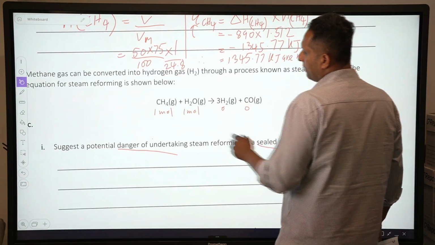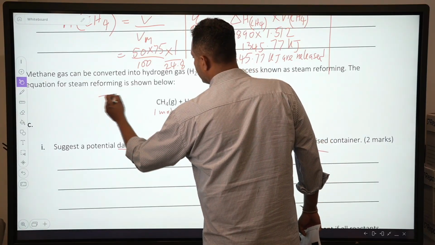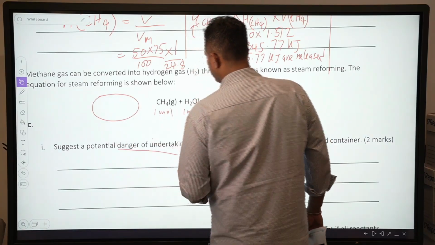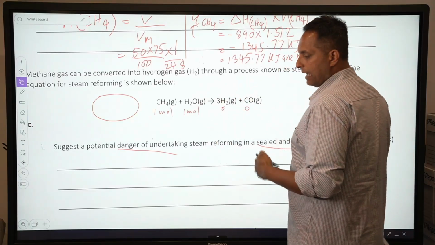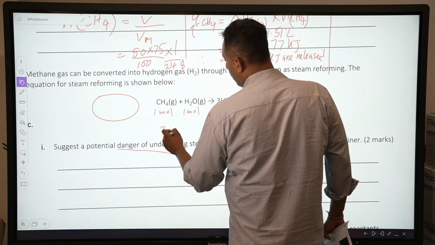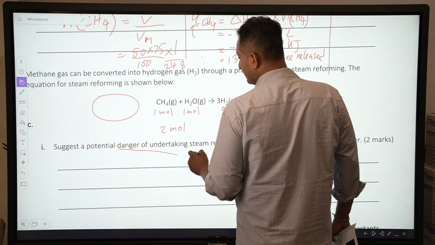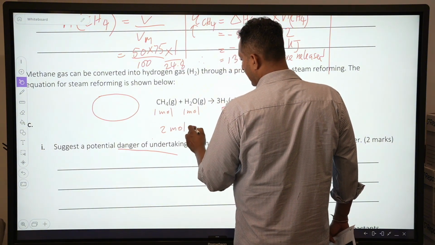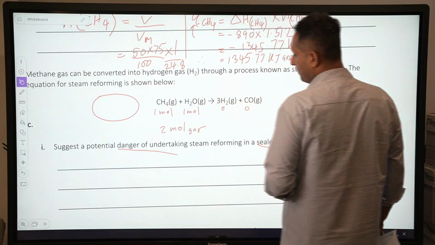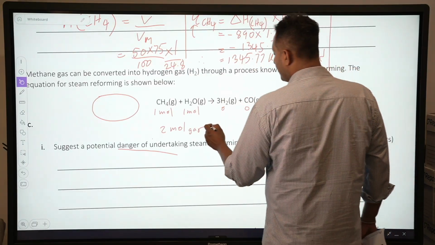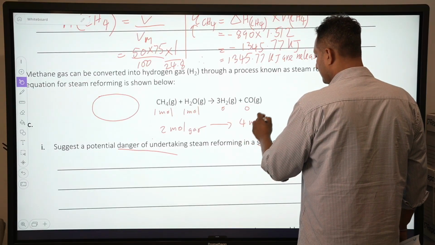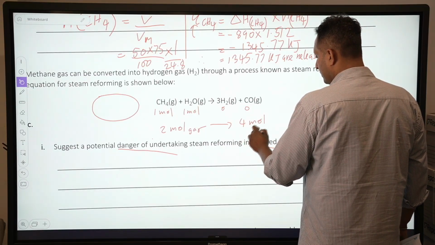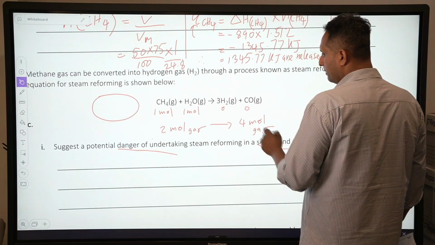Now look what happens. You are doing this reaction in a sealed container. According to this reaction, you are using 2 moles of gas, and you are making 4 moles of gas. How did I end up getting 4 moles?